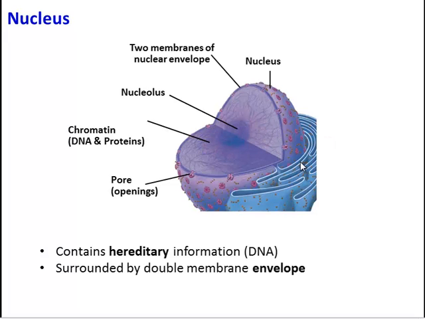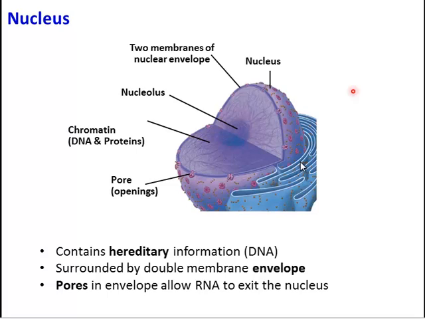And it's also surrounded by a double membrane known as the envelope. There are pores in the envelope, here, all over, to allow RNA to exit the nucleus. The pores also allow other things in and out. And then within the nucleus, we have the nucleolus. And the nucleolus makes ribosomes.